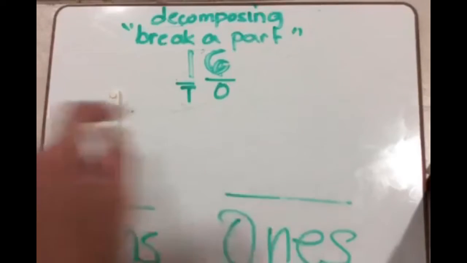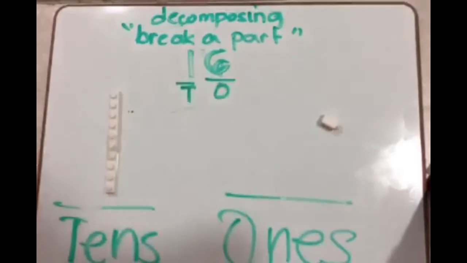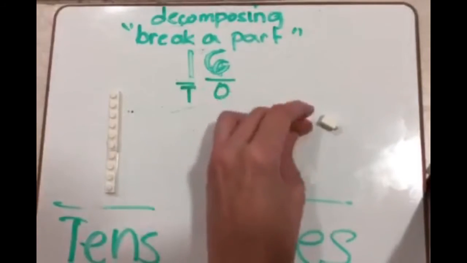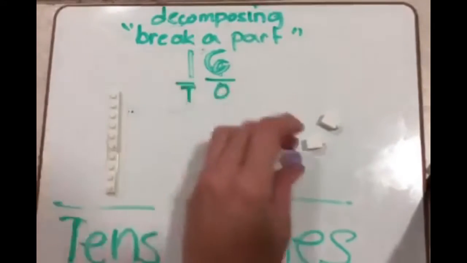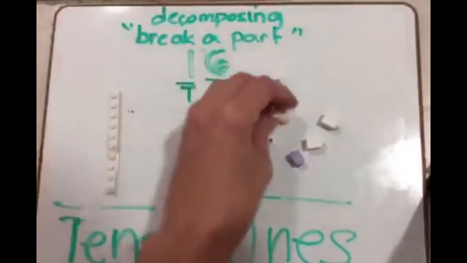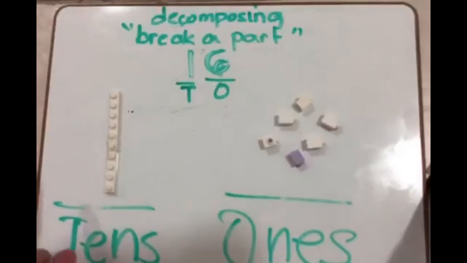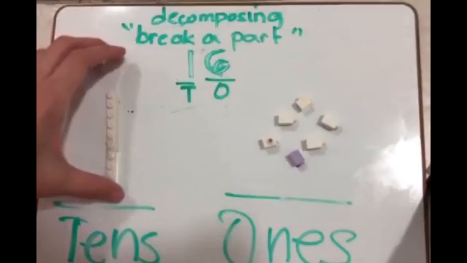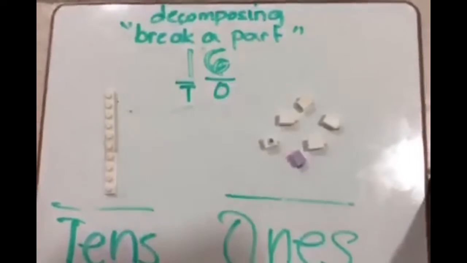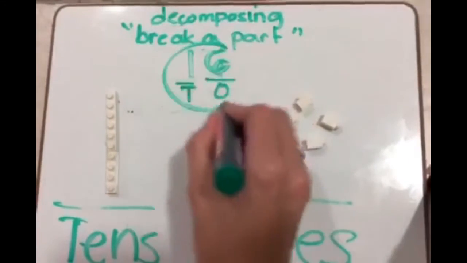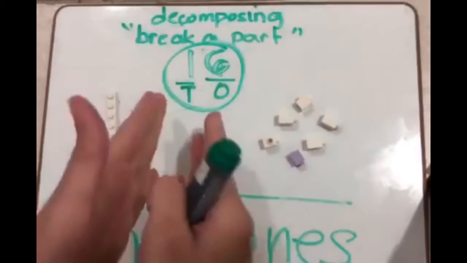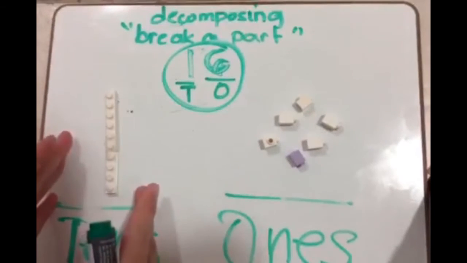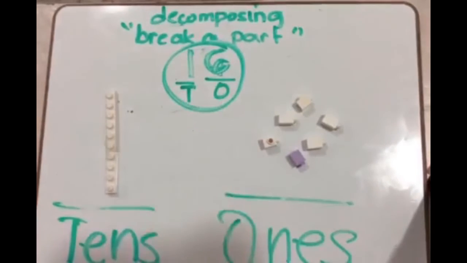So I need to show 1, 2, 3, 4, 5, 6 pieces of Lego. So here I have one group of tens and 6 ones, which is 16. So 16 is made of one group of tens and 6 ones.